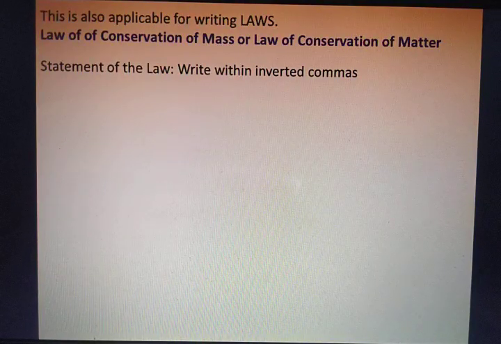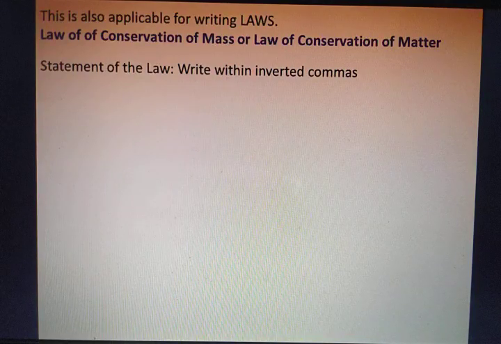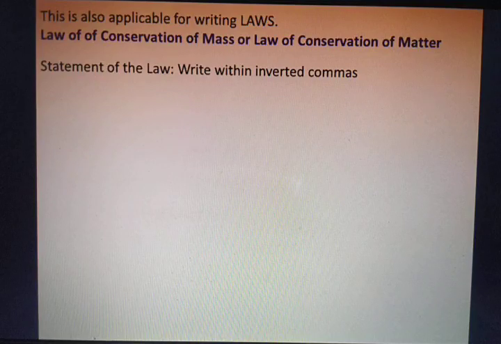Because whenever there's a law, it is basically a result that has been applied to many situations and cases, and it's already validated, hence it's better to write it in inverted commas.